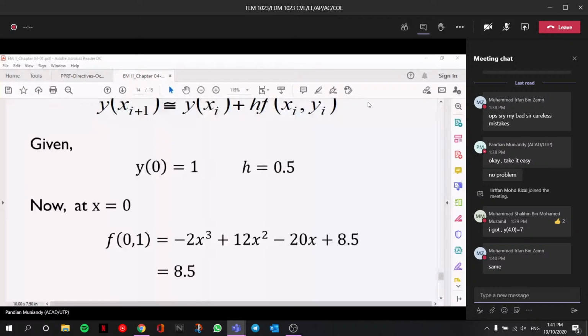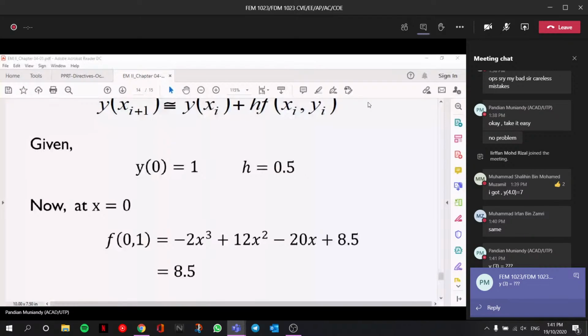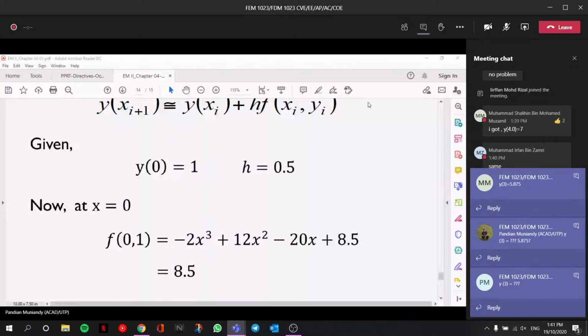Can you answer y3, please? 2.5. Y2.5, 4.75. Is that correct, class?